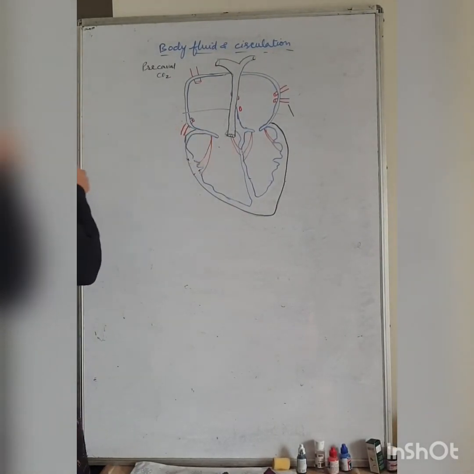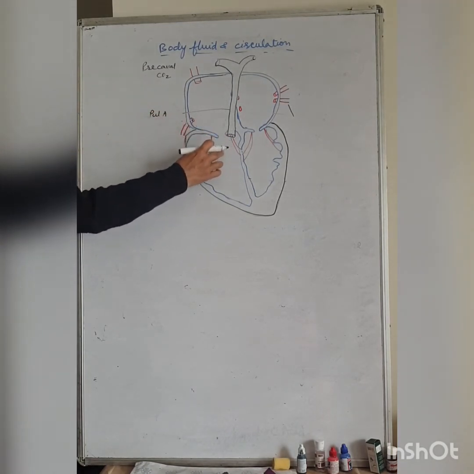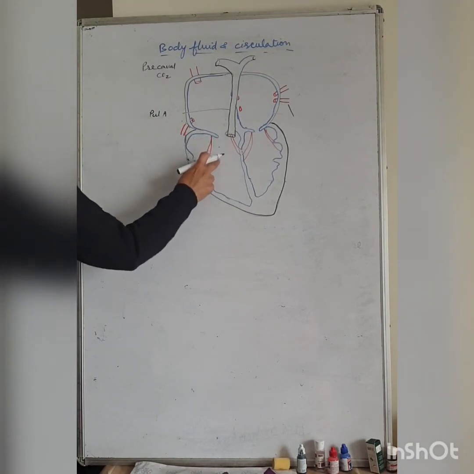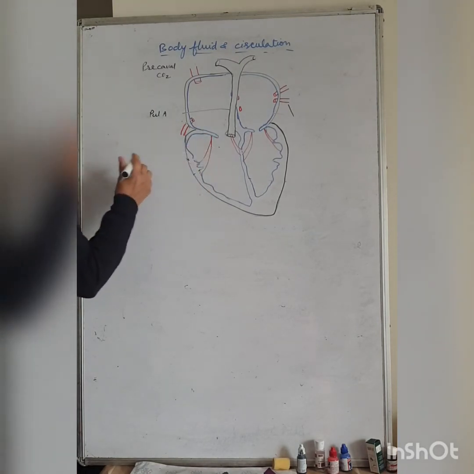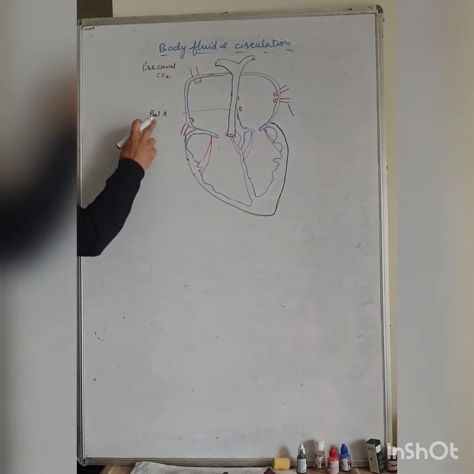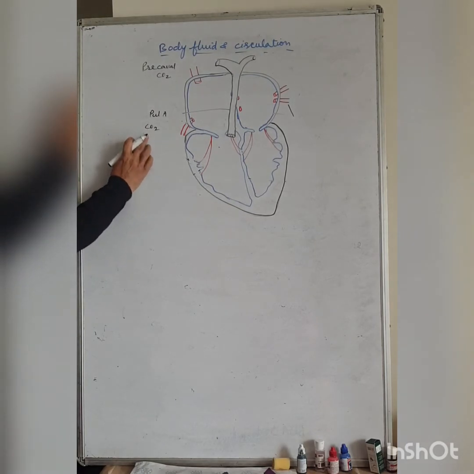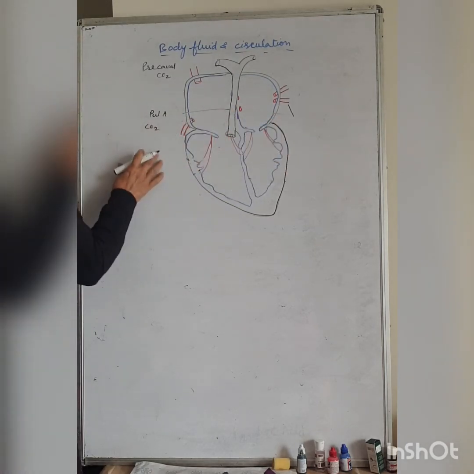This is the pulmonary artery. The pulmonary artery carries the blood from the right ventricle to the lungs. The pulmonary artery carries the CO2 rich blood into the lungs.